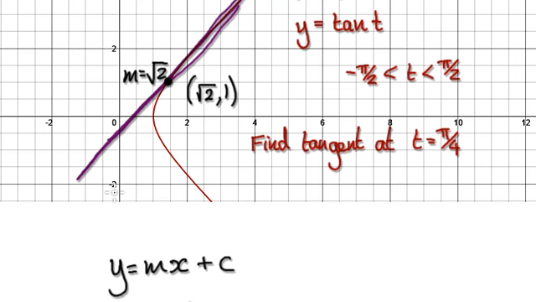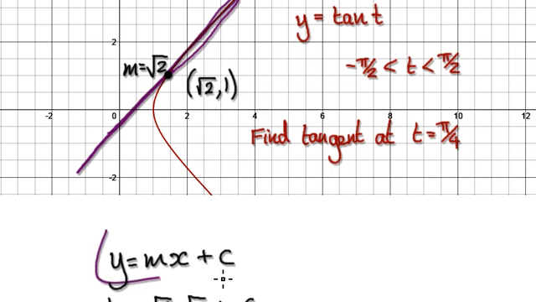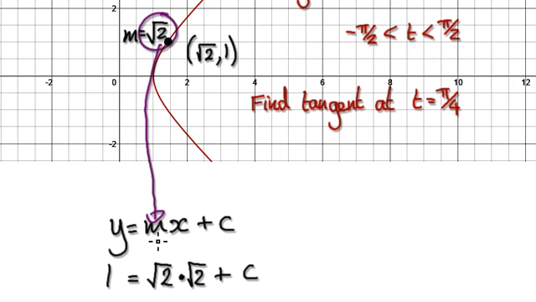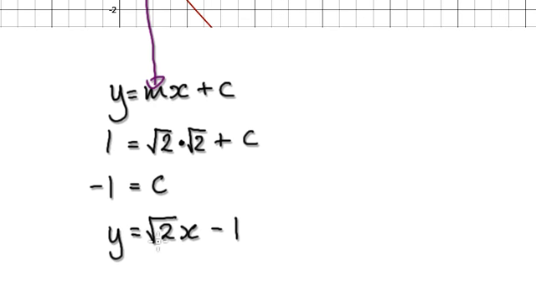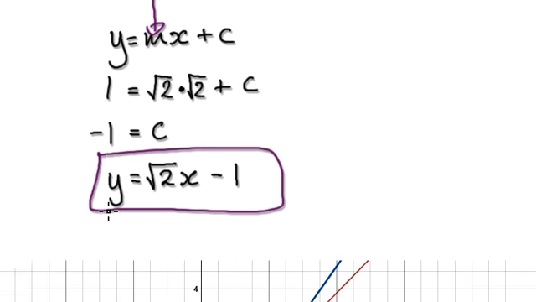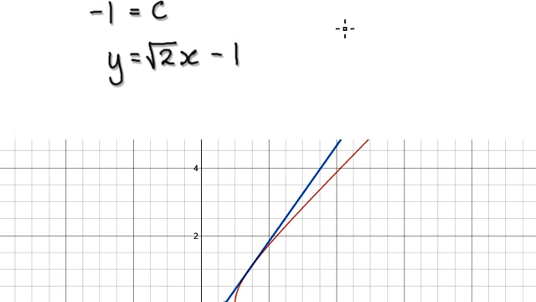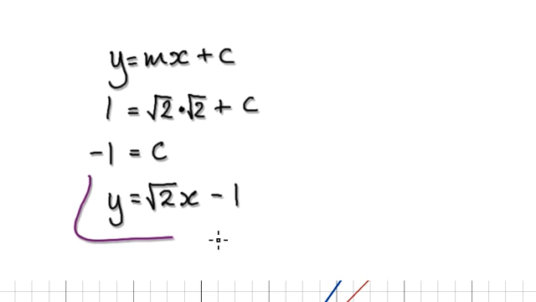The equation of a straight line is y equals mx plus c. We now know the gradient, so put that into here. We've done this before, so the equation of that tangent line will be given by this. If you get a graph plotter and plot it, it will give you this blue line here. So the equation of the tangent line is given by this.